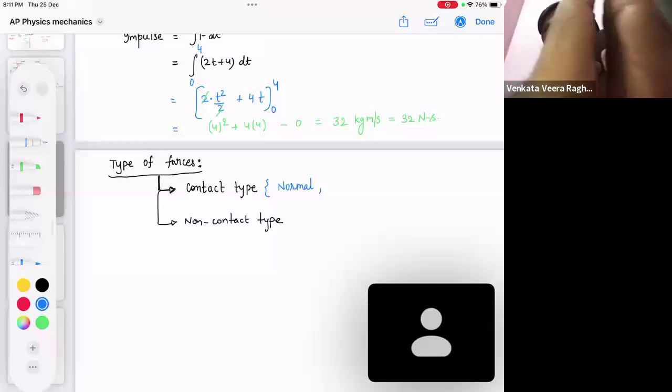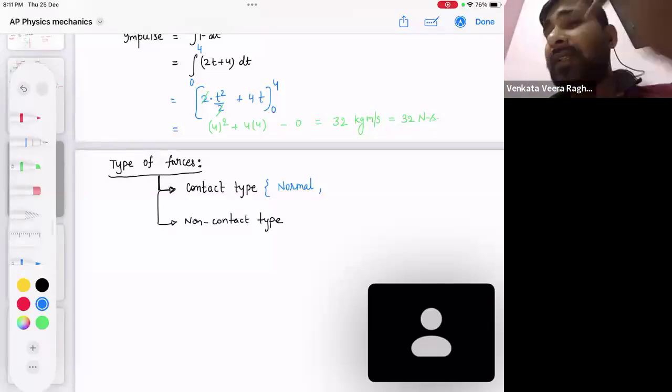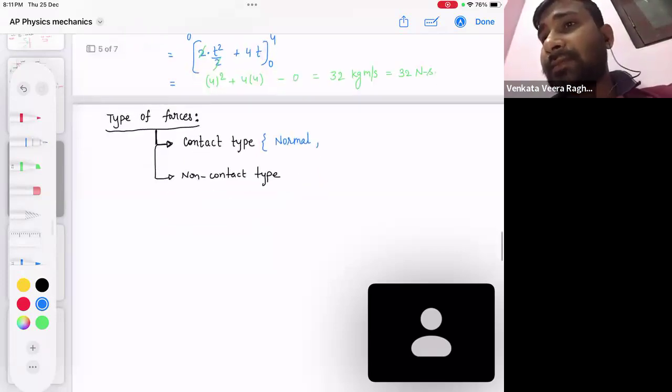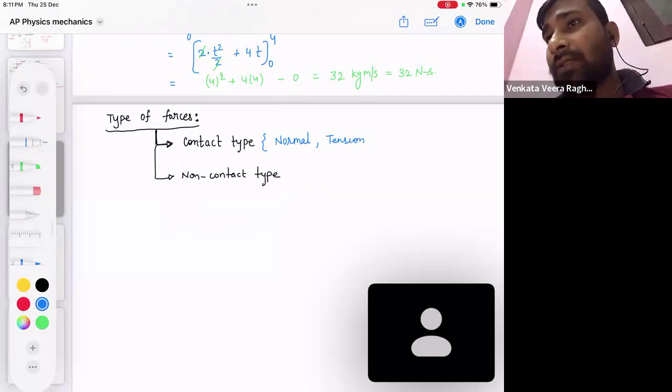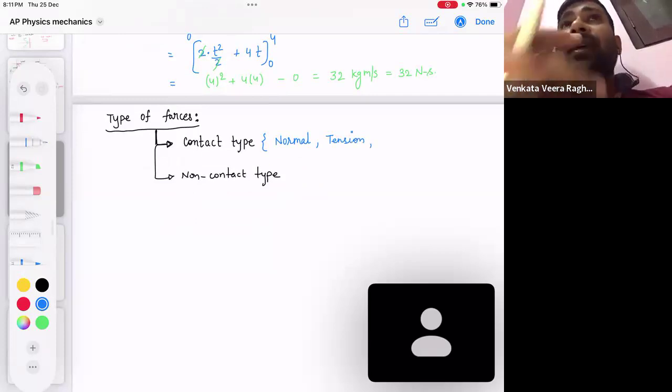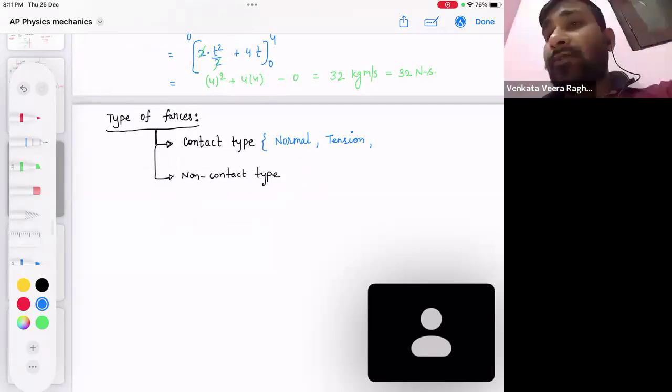Because for applying the normal force, we need contact between the two bodies, isn't it? Next, tension force created by the string, that is also a contact type. Let's say this pen is there, if I hang it with a string, in the string the tension force will be acting, isn't it? Or the string will be applying tension on the body.